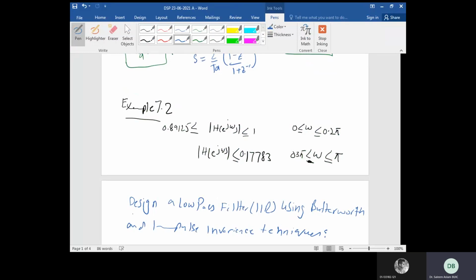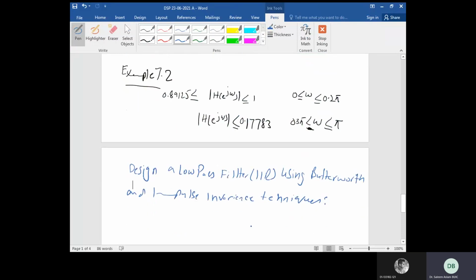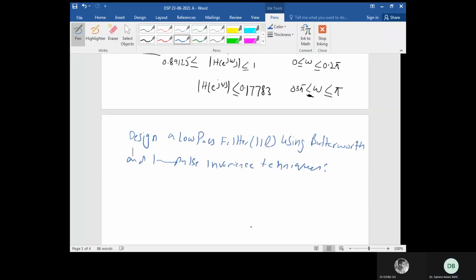From your background, you know that Butterworth is the design technique and impulse invariance is the conversion scheme.